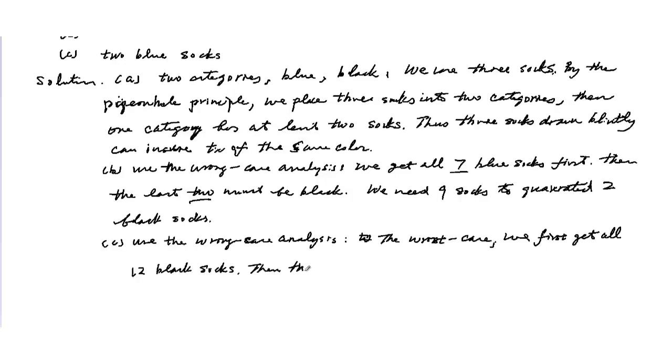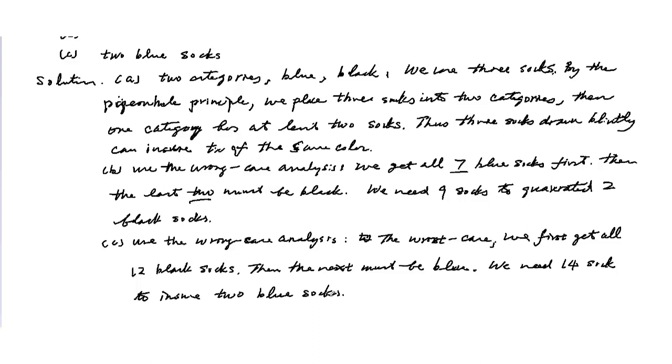Then the next 2 must be blue because all the black socks have been taken. Therefore, we need 14 socks to ensure 2 blue socks. So to answer question A, we use the pigeonhole principle, and for the other 2 questions, we use worst case analysis. Worst case analysis is often used for examples like this.